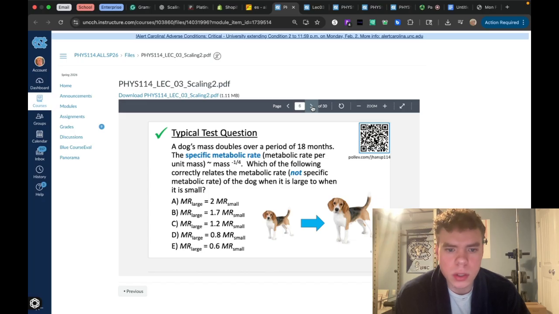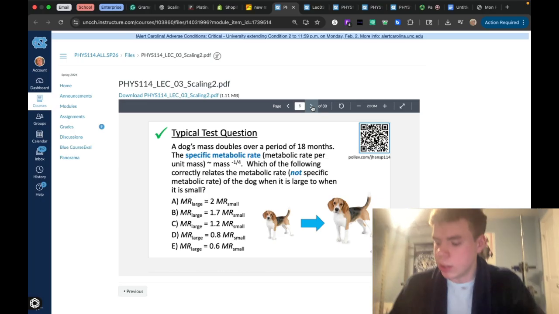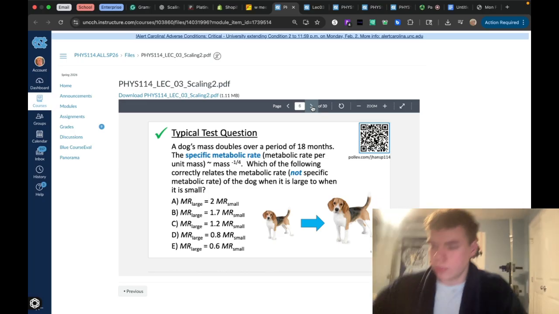So now we need to figure out a way to equate this to metabolic rate. A dog's mass doubles over a period of 18 months. The metabolic rate per unit of mass is equal to mass to the negative one fourth. Which of the following correctly relates the metabolic rate of the dog when it is large to when it is small?